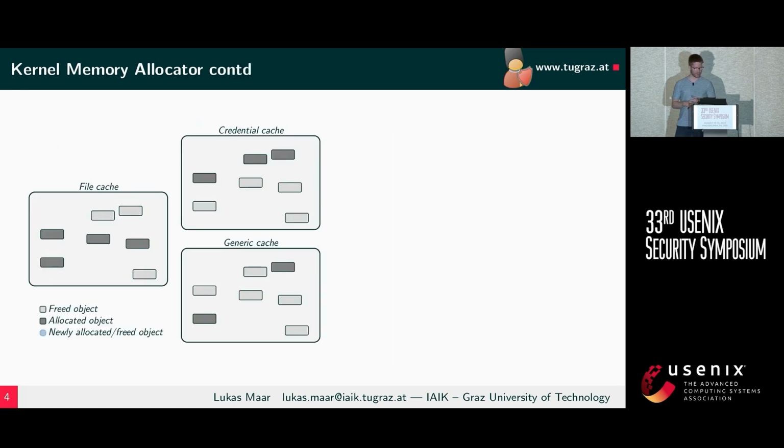The kernel provides, from a high-level perspective, 2 kinds of caches, the generic cache and dedicated caches. Objects from generic caches are allocated via the kmalloc function, where one allocation will be located on an entire memory chunk within the generic cache. So allocation and deallocation might look something like that.